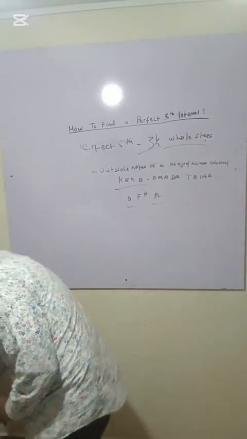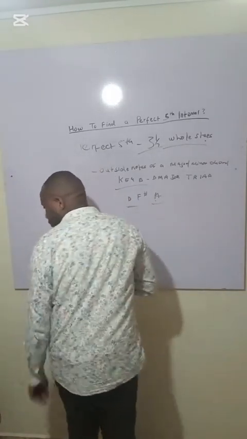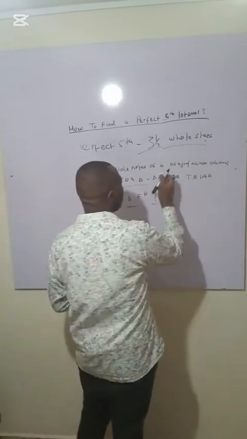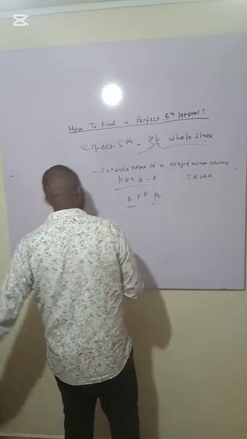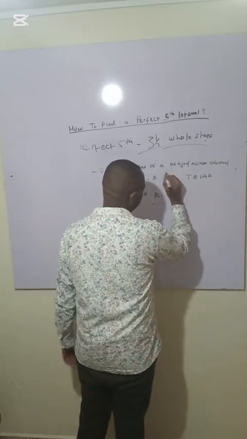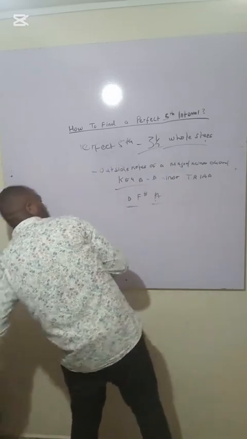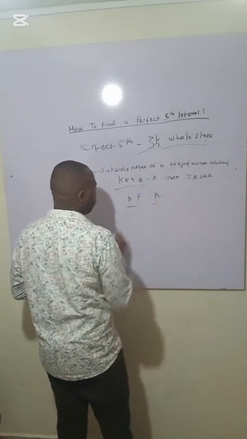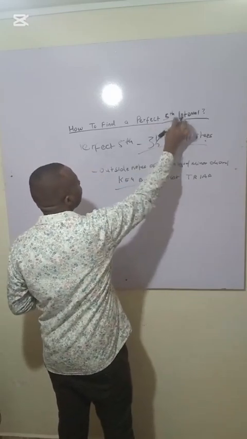From D to A, this is 3.5 whole steps. And also, if I'm in a D minor triad, guys, don't get confused about triads, they're very easy. I'm going to be teaching you in a future video. So for a D minor triad, let me just remove this sharp. From D to A, that's a perfect fifth interval.